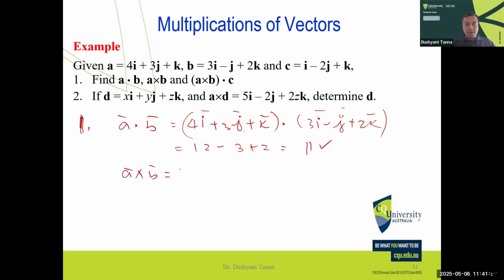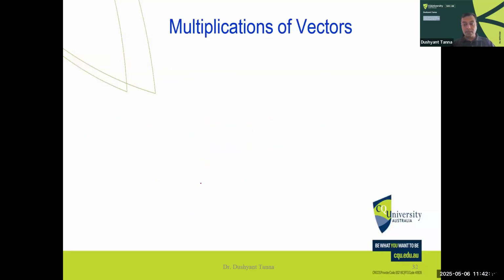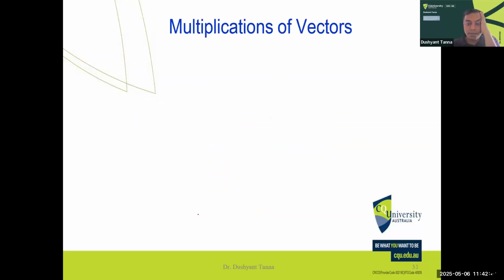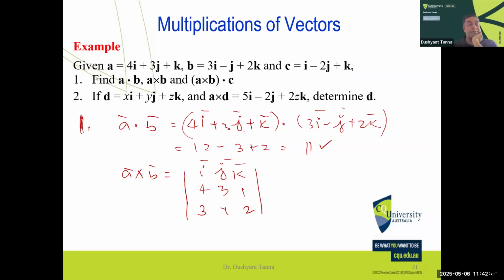A cross B. So you can always talk in terms of the determinant. IJK, then 4, 3, and 1, and 1, 2, and 1.